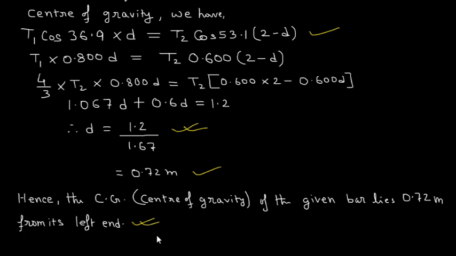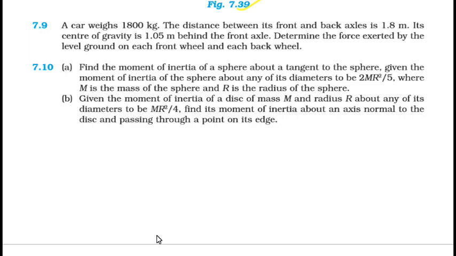Let us start with the new problem. So our next question is 7.9. A car weighs 1800 kg. The distance between its front and back axle is 1.8 meter.